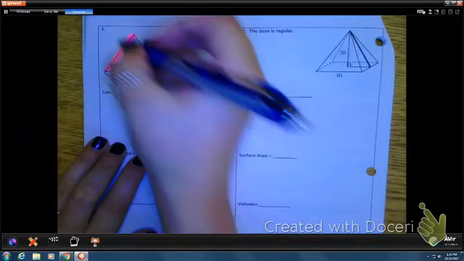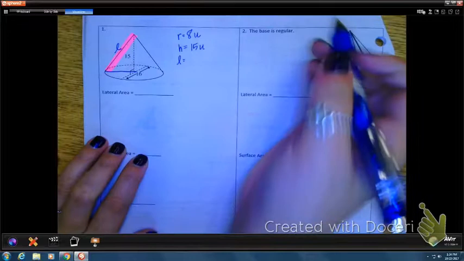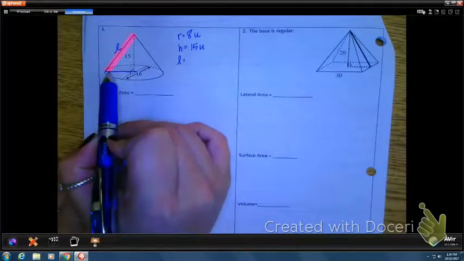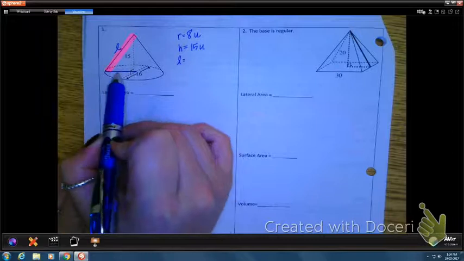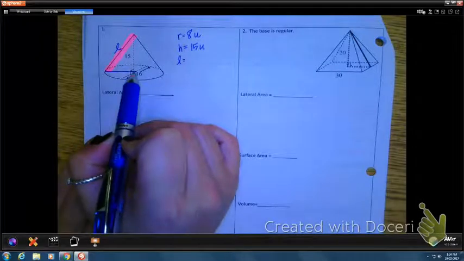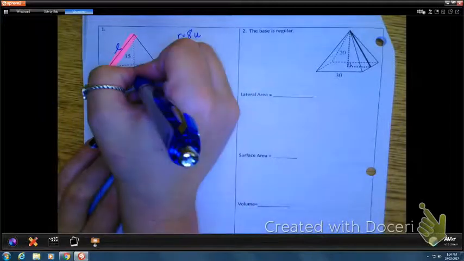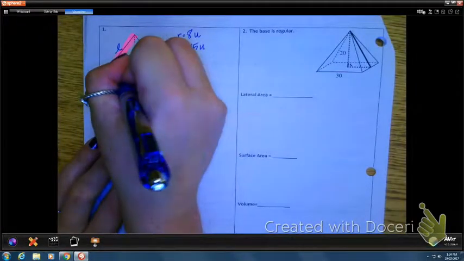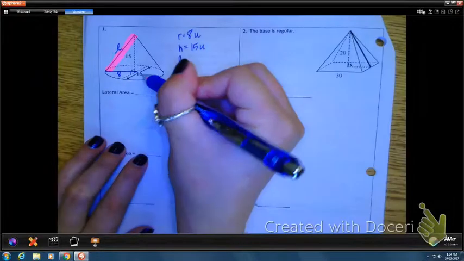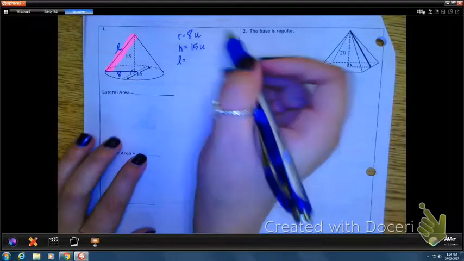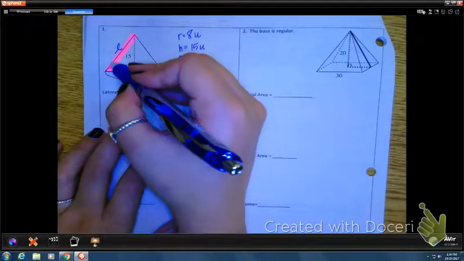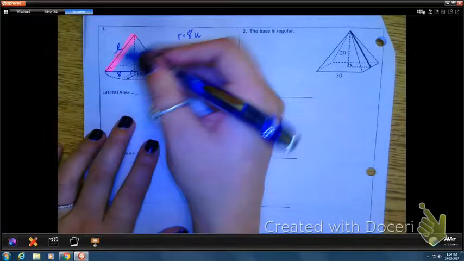This is what we're looking for. What would be the length of this distance here? The radius. We're going halfway across the base, so it is the radius, which means half of 16 is 8, which we found earlier.